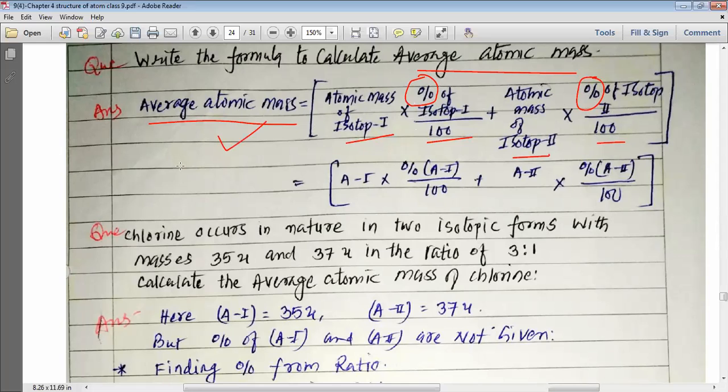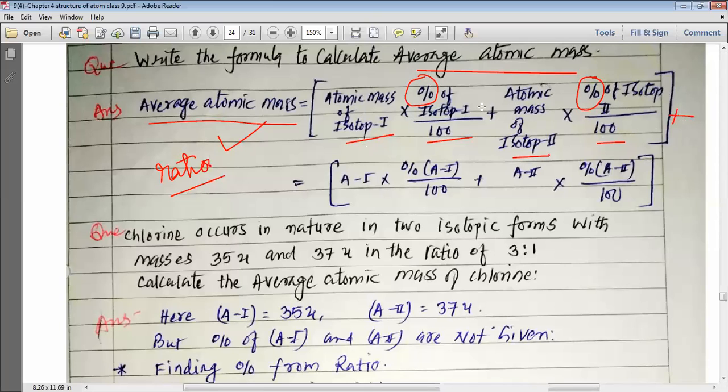Sometimes, instead of percentage, they give us a ratio. That also we solved in the last period, how we can convert the ratio into the percentage. Now, if you have more than two isotopes, you can write it further, plus the atomic mass of isotope 3 multiplied by the percentage of isotope 3 divided by 100.